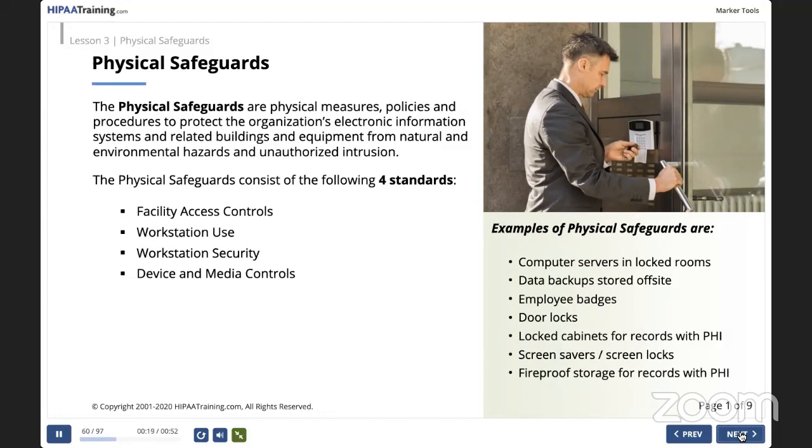The physical safeguards consist of the following 4 standards: facility access controls, workstation use, workstation security, device and media controls. Examples of physical safeguards are computer servers in locked rooms, data backups stored off-site, employee badges, door locks, locked cabinets for records with PHI, screensavers, screen locks, fireproof storage for records with PHI.